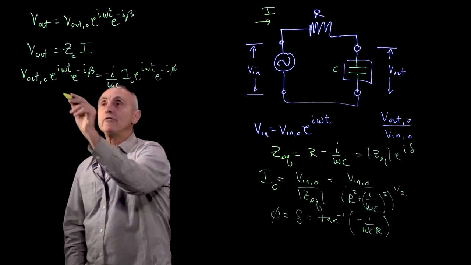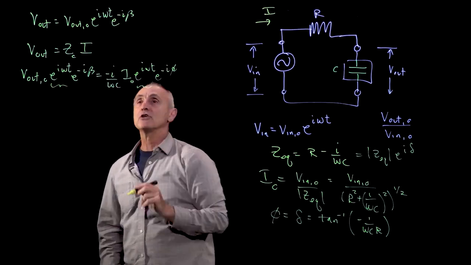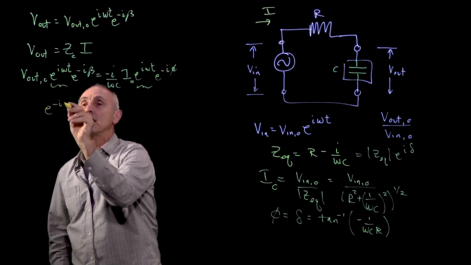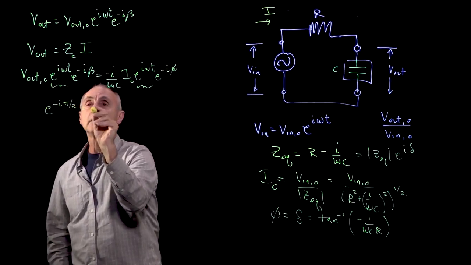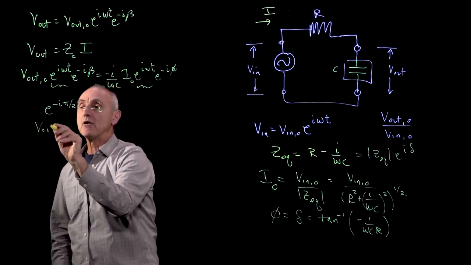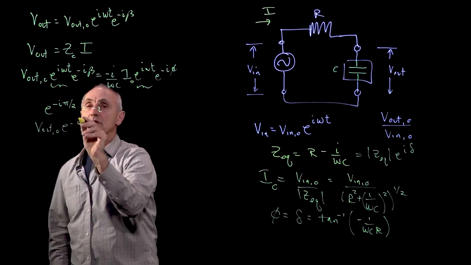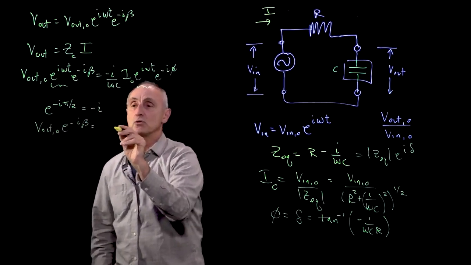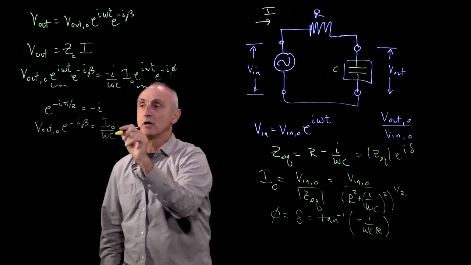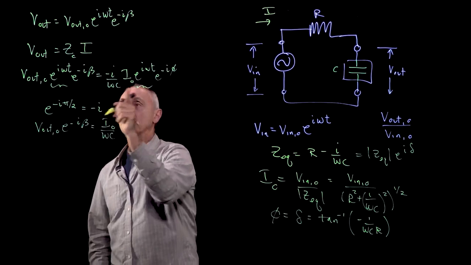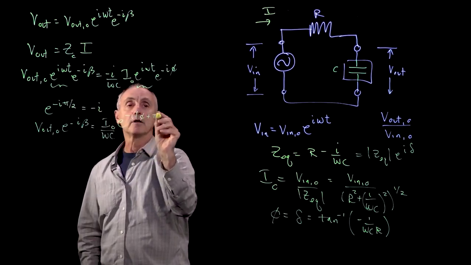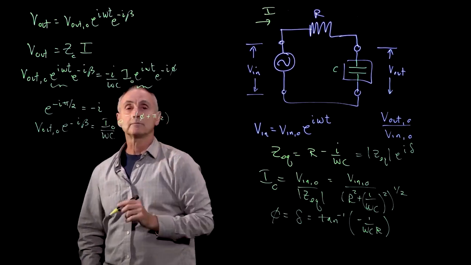First off, we have the same cancellations as we had before. And recall that e to the minus i pi over 2 is equal to minus i. So V out naught e to the minus i beta is equal to I naught over omega C, there's the real part. We have phases, and we're canceling the e to the i omega t, so it's e to the minus i (phi plus pi over 2).